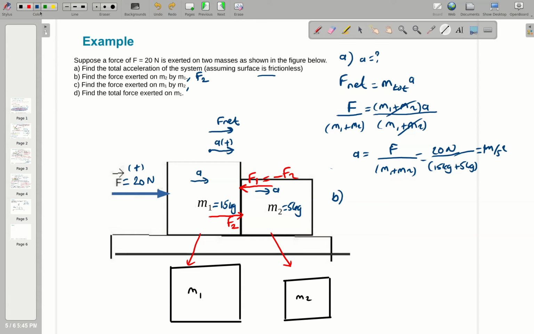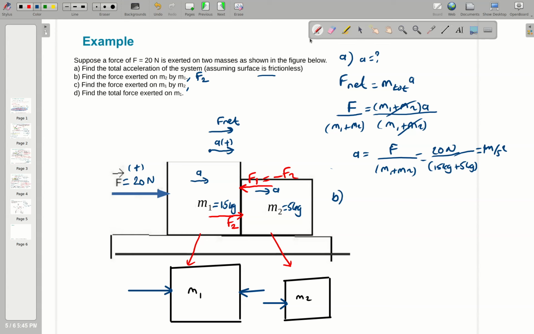So F, 20 Newton, is only on m1. And then F1 is on it too. M2 pushes back on M1 as M1 pushes on M2. On M2, I only have one force, and that's F2 applied by mass 1.